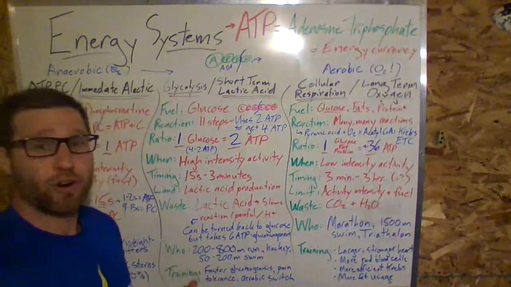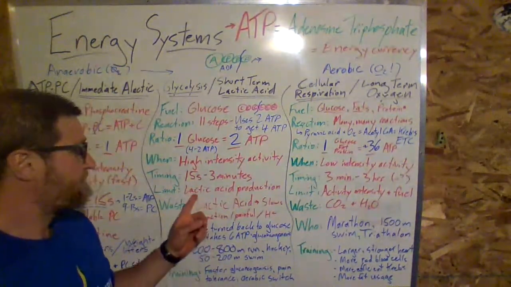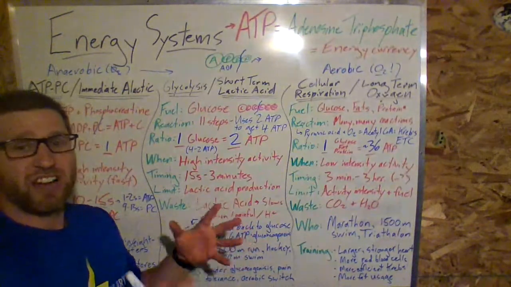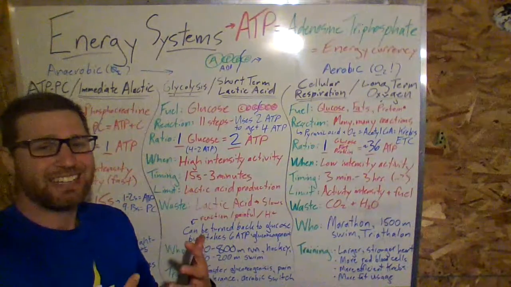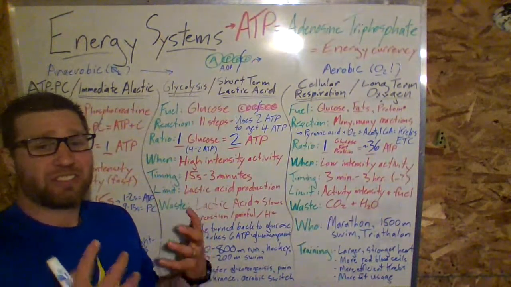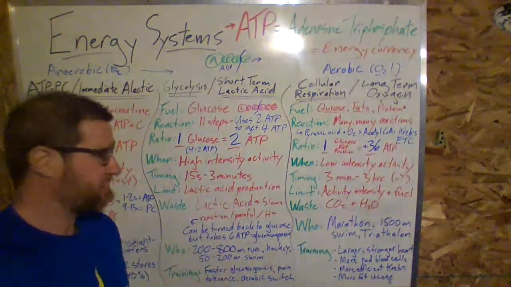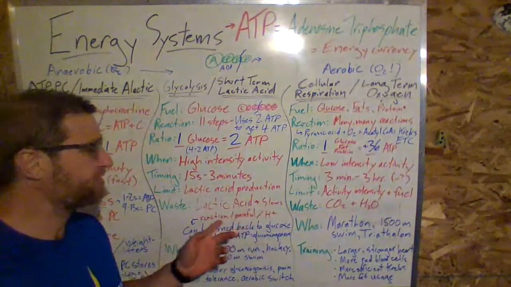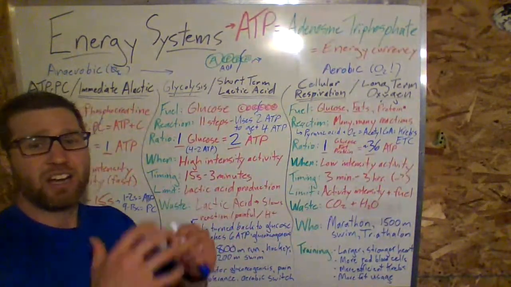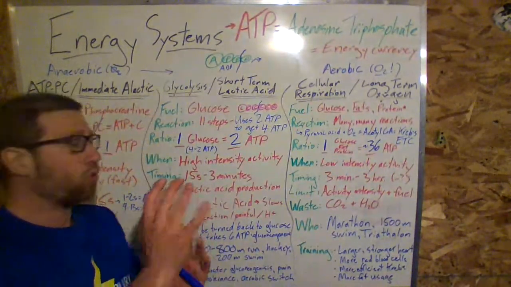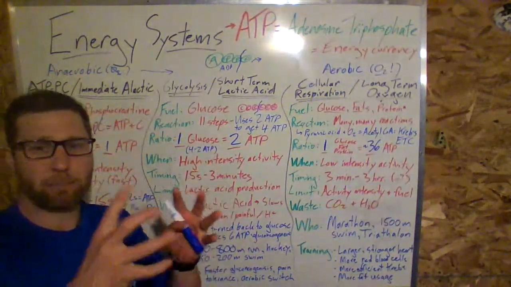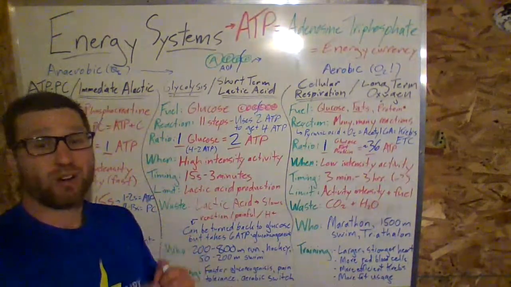Maybe you've heard of lactic acid before, but if I produce a lot of lactic acid, all of a sudden I can't react the same way in glycolysis. It slows the reaction down. The acidic nature of lactic acid really slows down this 11-step process to break down glucose.